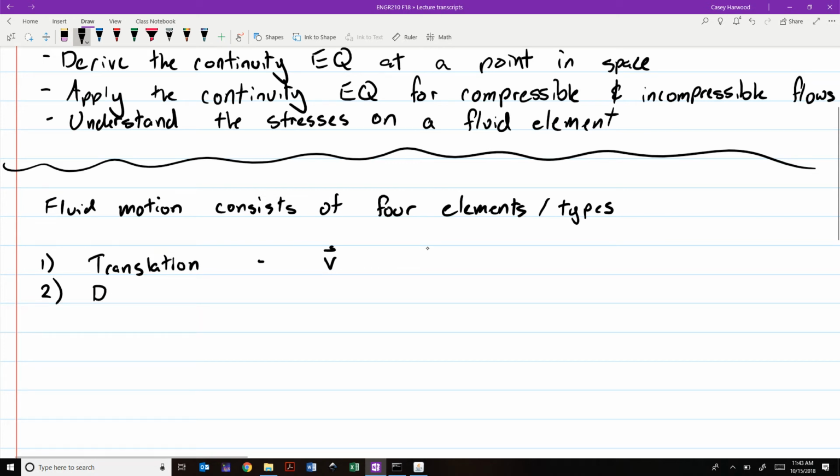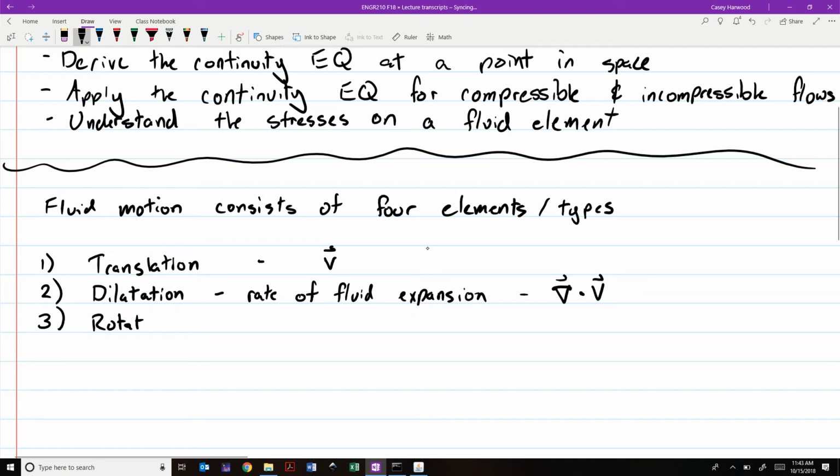We have dilatation, which is the amount of fluid stretching, if you will. It's the rate of fluid expansion. It can be written as the gradient operator dotted with V. We have rotation, and we thought of it as the rigid body spin of a fluid element.